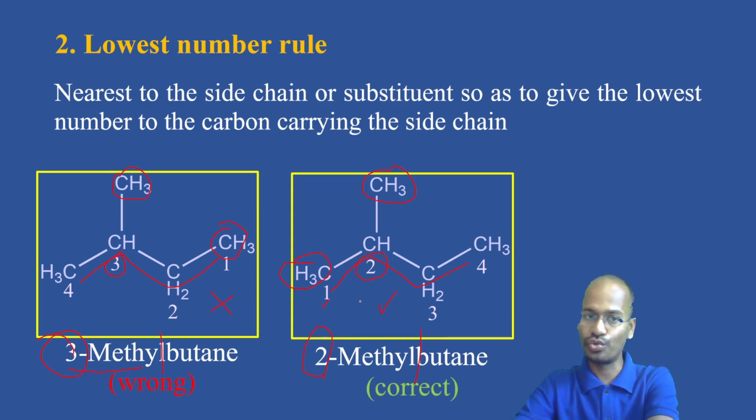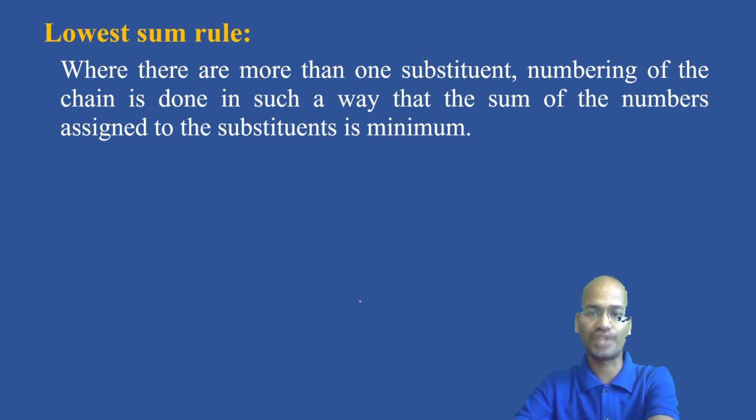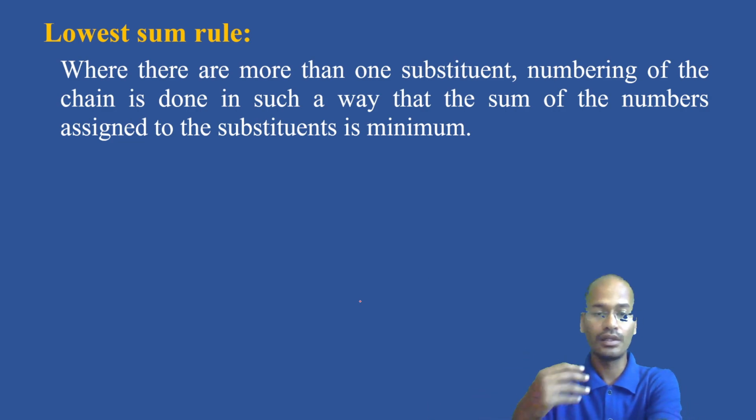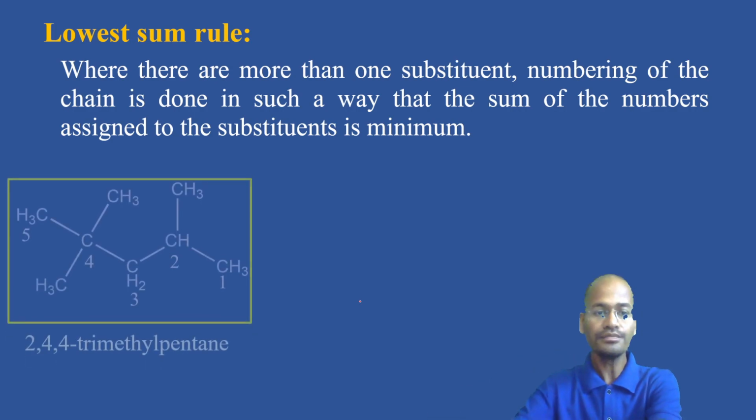And let's go to the third rule, lowest sum rule. All the substituents, for example, if there are 2 or 3 or more than 2 substituents, if I add all the summation of substituent numbers, I should get the lowest sum. If possible, we have to take in that way too. Let us see with the help of example so that we can understand this rule very easily.